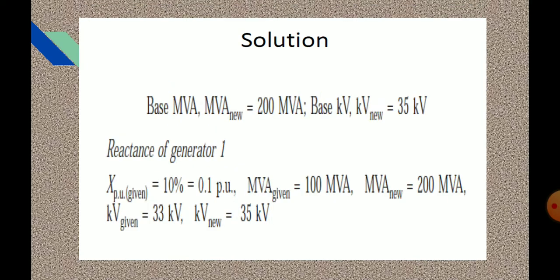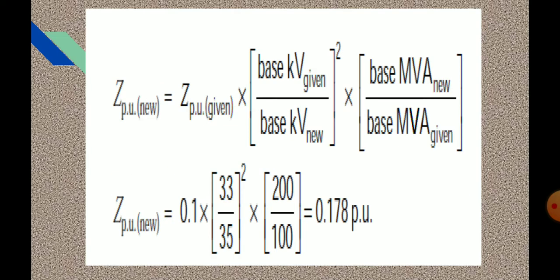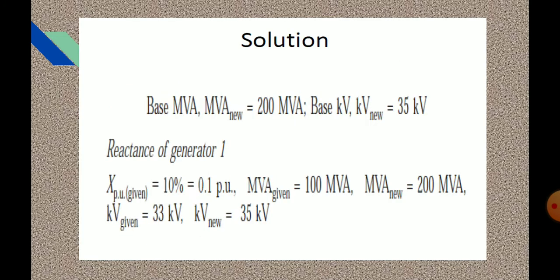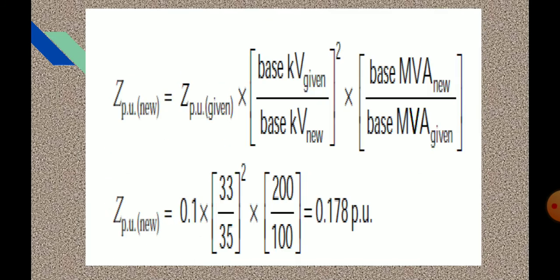Then we know the general formula: Z per unit new equals Z per unit given into the square of base kilovolt given divided by base kilovolt new, into base MVA new divided by base MVA given. Substituting all these values, we get the final Z per unit new as 0.178 per unit.